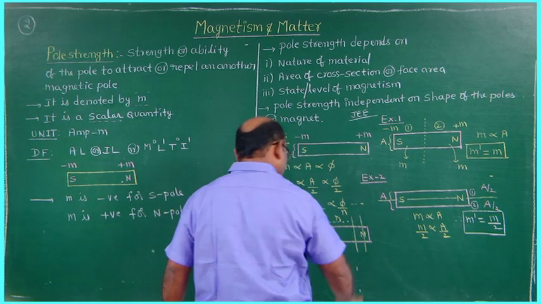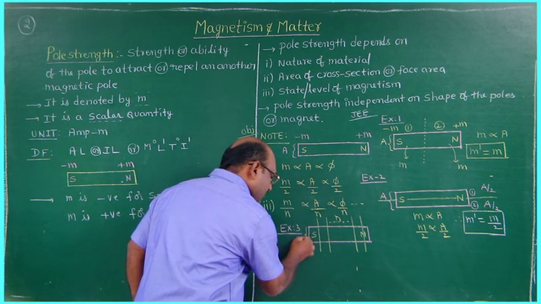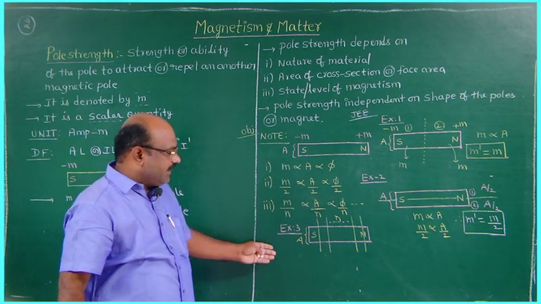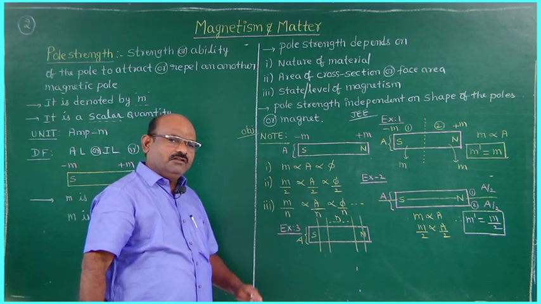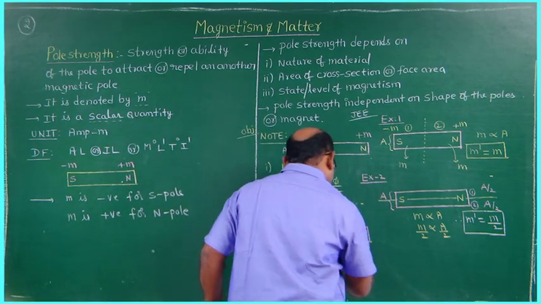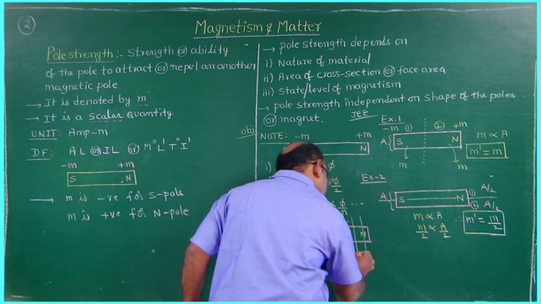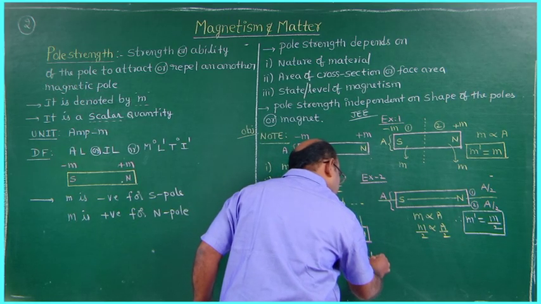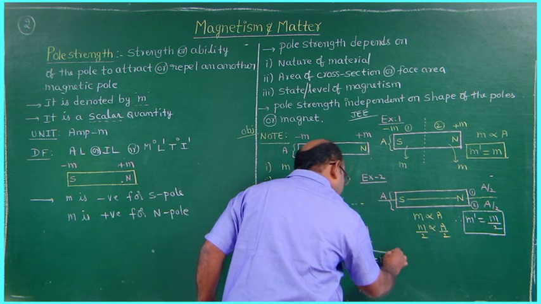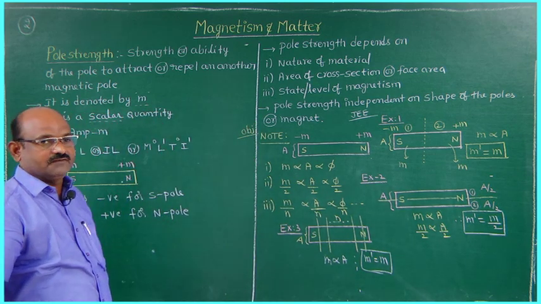Initially the area of cross section is A. If it is made into n equal pieces, all the pieces will have the same face area, the same area of cross section. Therefore, the area of cross section is not changing, and m is proportional to A. Therefore, m dash is equal to m only. Pole strength is not changed. Pole strength is the same for all the pieces.